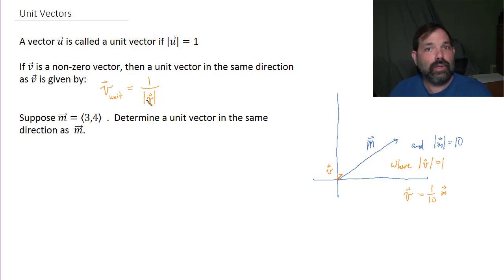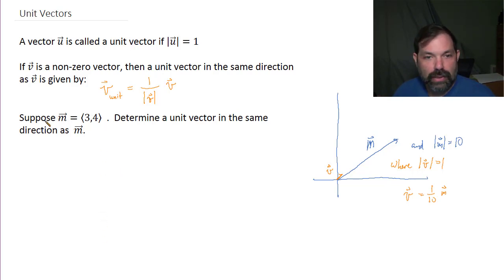Now remember, the magnitude of the v vector is a scalar, so 1 over the magnitude is again a scalar. 1 over the magnitude of v multiplied by the v vector. So if I take 1 over the magnitude and I multiply it by the vector, that gives me a unit vector in the same direction as the v vector.